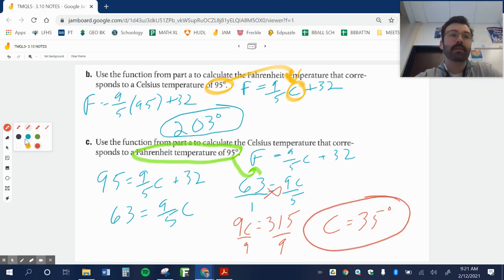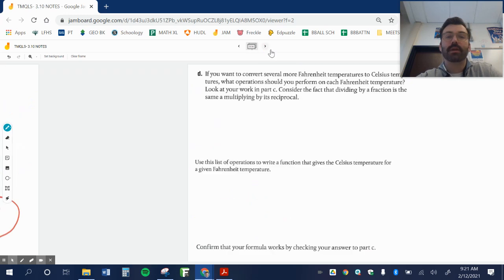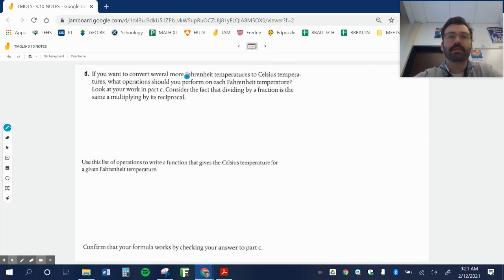Okay, let's keep going. Part D says, if you want to convert several more Fahrenheit temperatures to Celsius temperatures, what operation should you perform on the Fahrenheit temperature? So we basically look at your working. Consider the fact that dividing by a fraction is multiplying by its reciprocal.